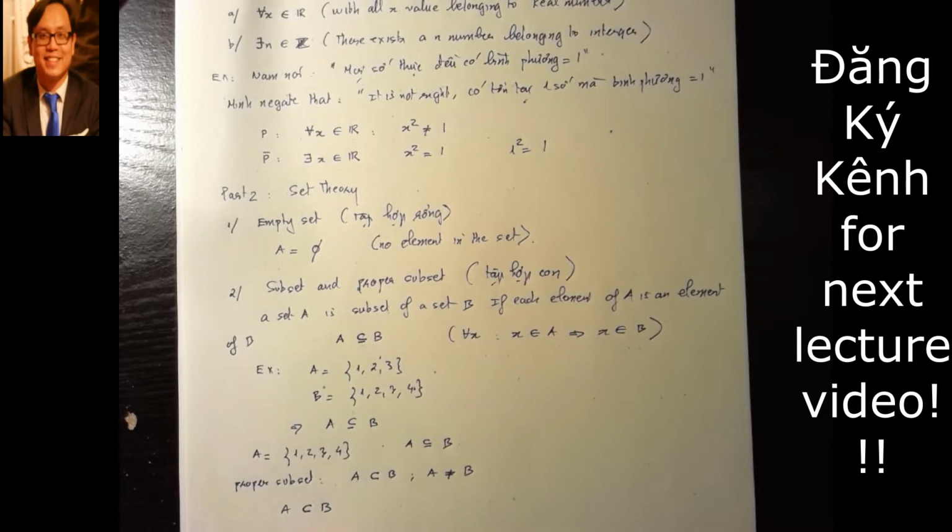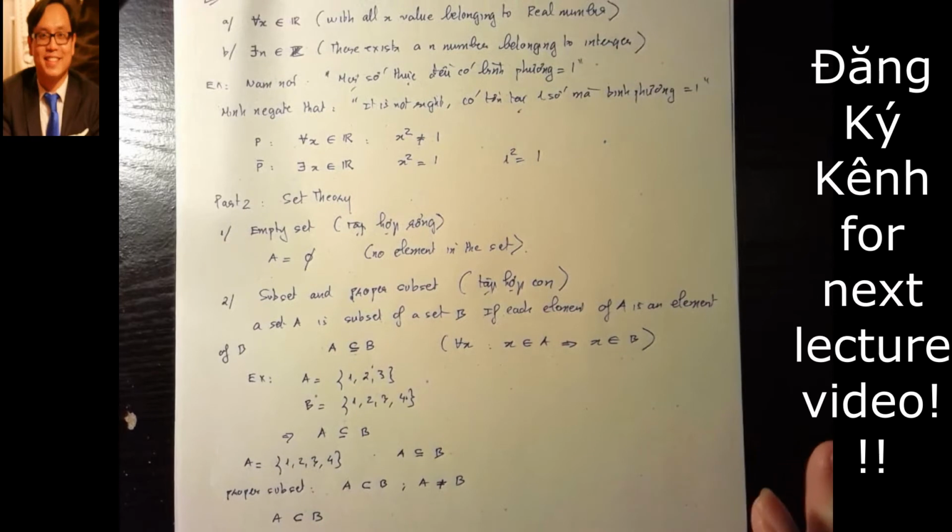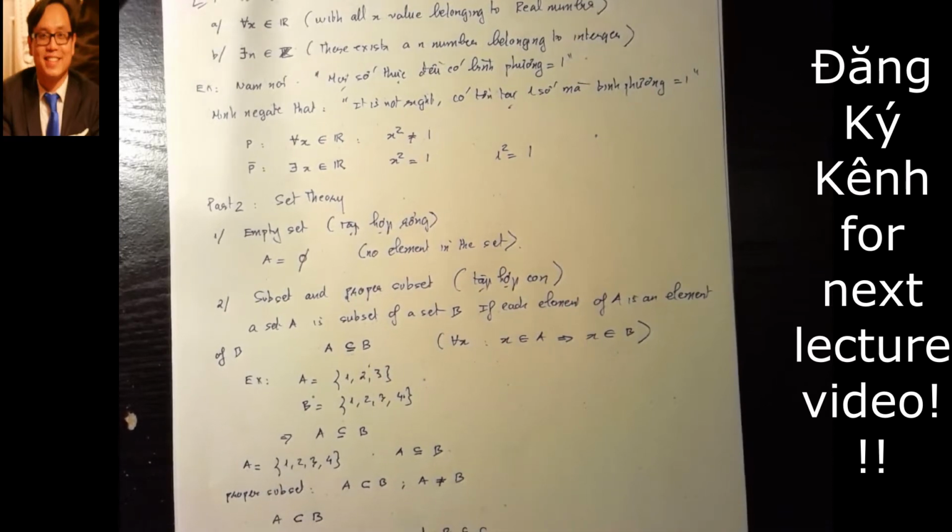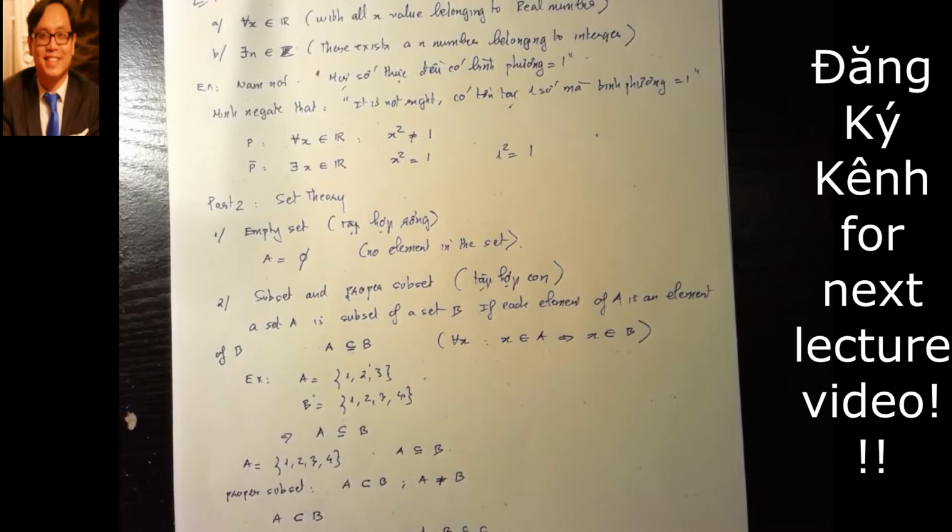Remark. If A is a subset of B and B is a subset of C, then we can conclude that A is a subset of C. This is the transitivity property.